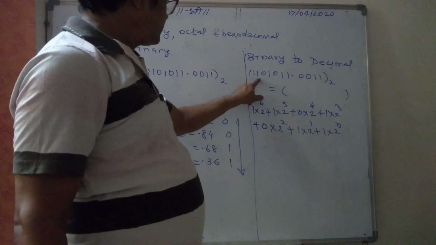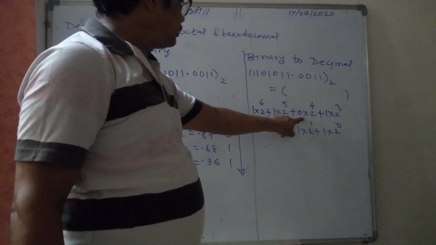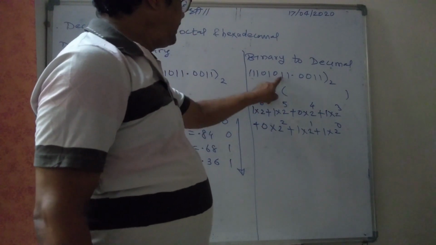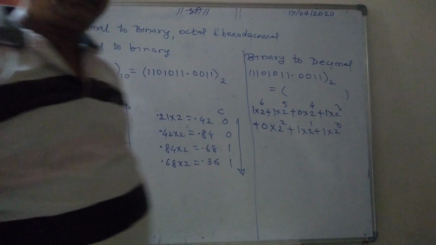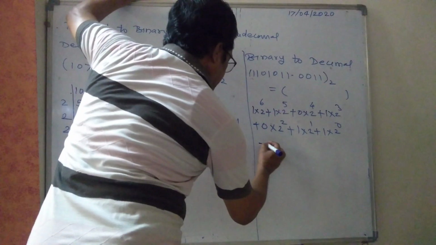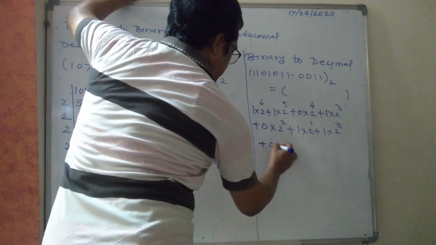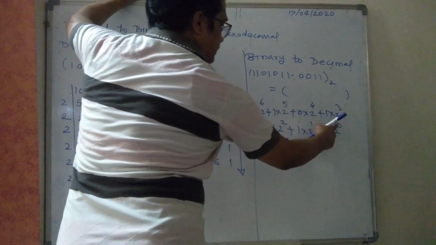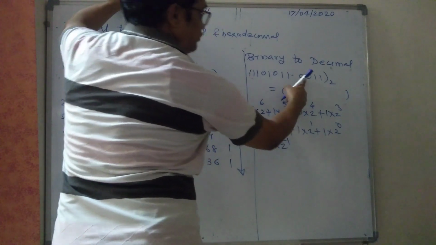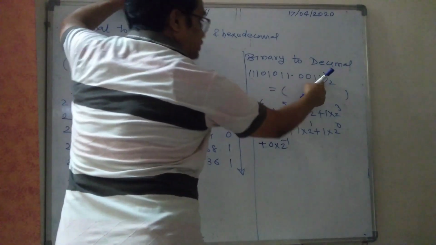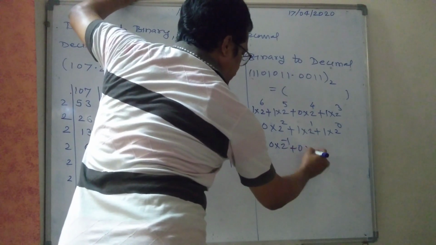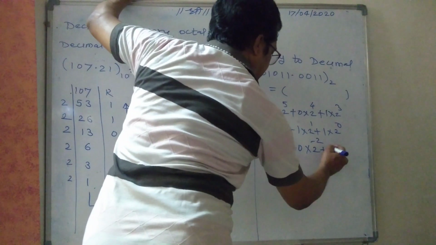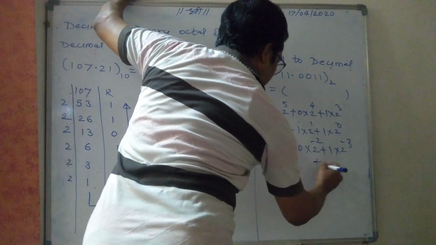Plus on this side, 0 into 2 raised to minus 1, plus 0 into 2 raised to minus 2, plus 1 into 2 raised to minus 3, plus 1 into 2 raised to minus 4.